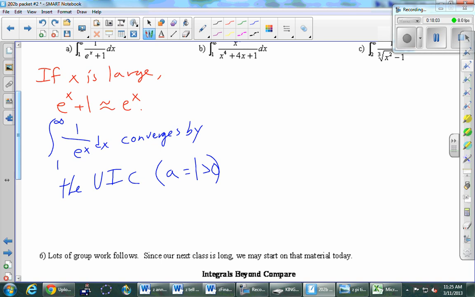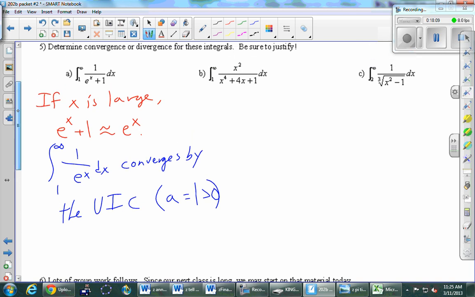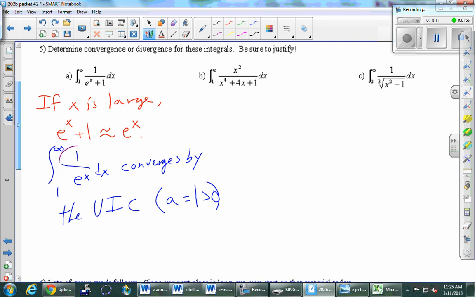The other thing we need to do is figure out how the two functions compare. I'm trying to compare this function to this function. I already know that the bottom one converges, which means that the area under that curve is finite, right? Are you hoping that the top function is bigger or smaller than the bottom function?